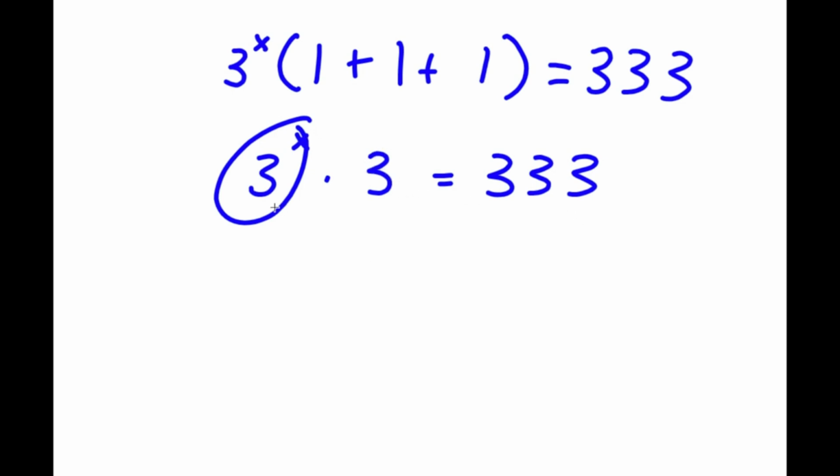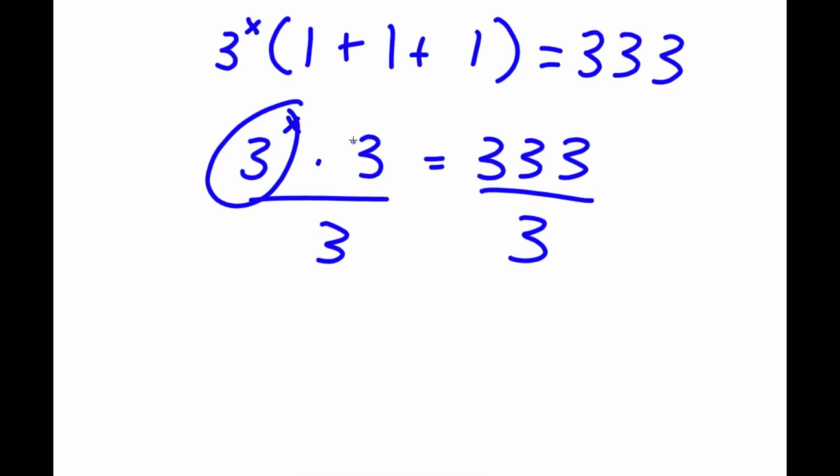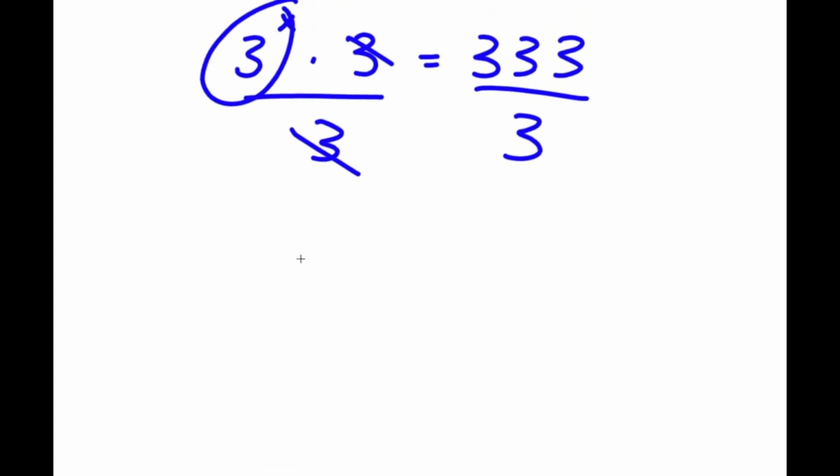So to do that, I'm going to divide both sides by 3. Now, these two 3's simply cancel out, and I'll be left with 3 to the power of x is equal to 333 divided by 3, which is 111. So now I got this equation, 3 to the power of x is equal to 111.